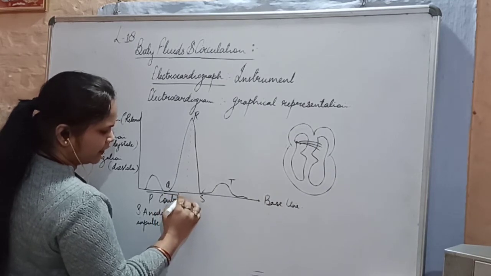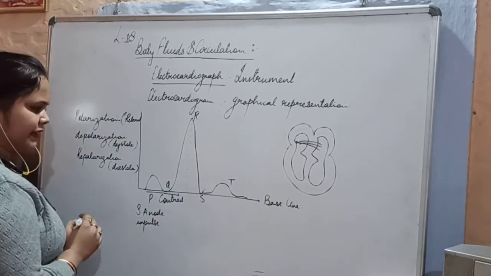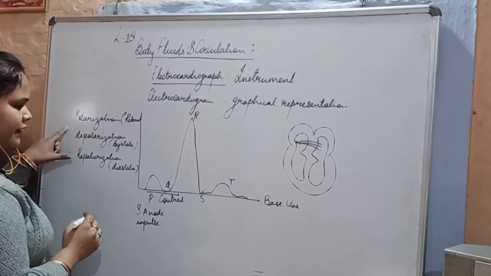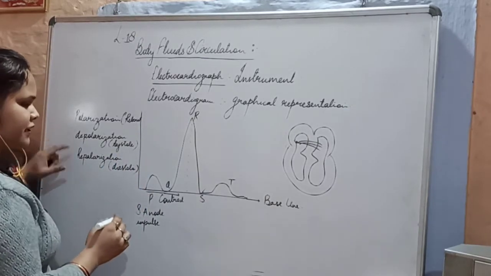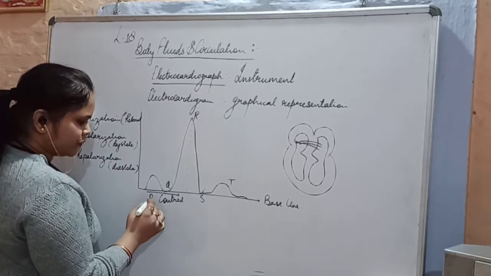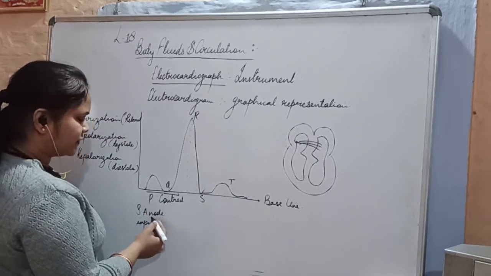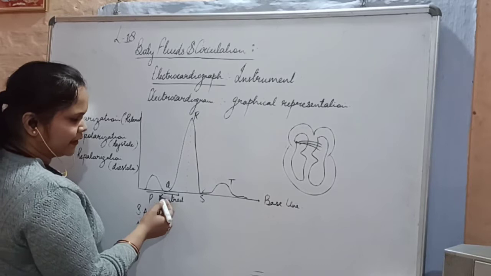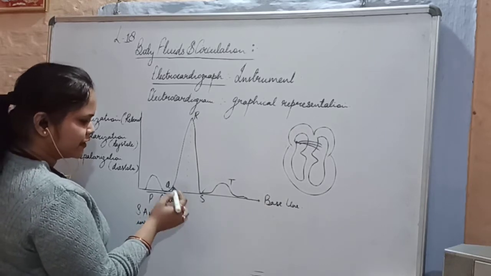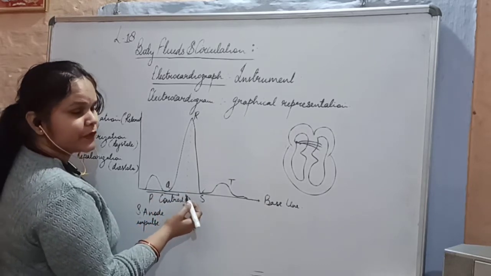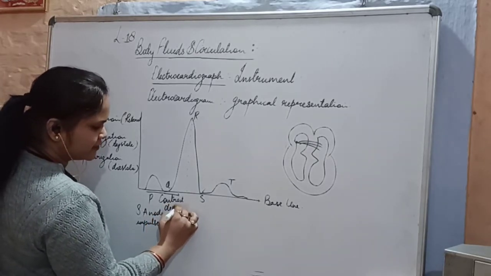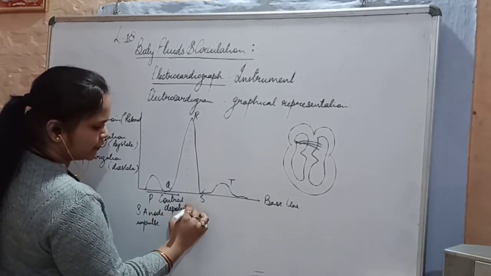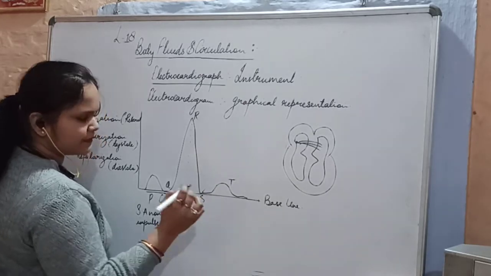This time period when the auricles contract is called the depolarization of the auricles. So P represents the start of the SA node impulse, which then travels to the auricles so that the auricles contract. This is called the depolarized state of the auricles.